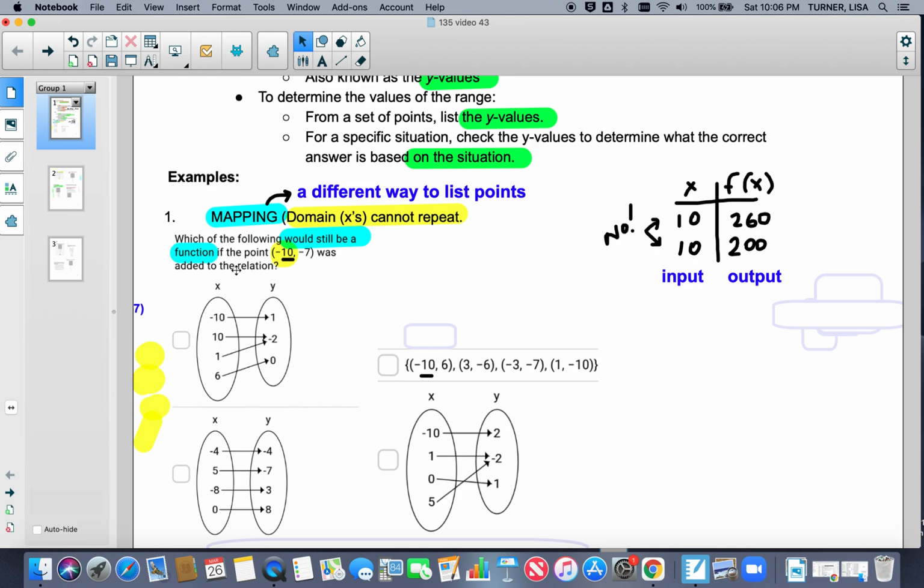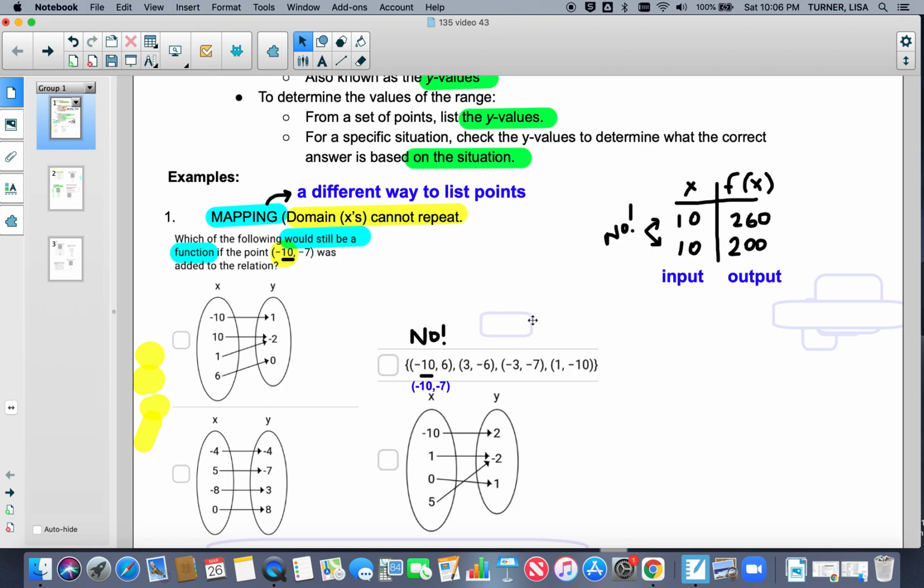And so this question is asking which of the following would still be a function if the point -10, -7 was added to the relation. All right, and so I'm looking for if I can still add -10 and -7. Well, if I put -10 and -7 here, you can see that my x's are going to repeat, and that is a no-no.